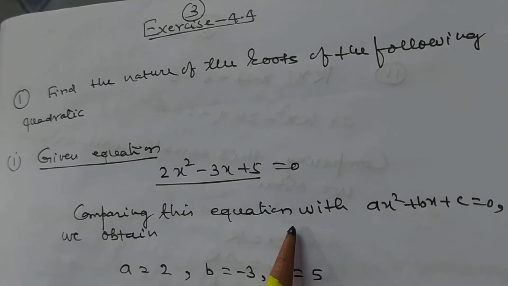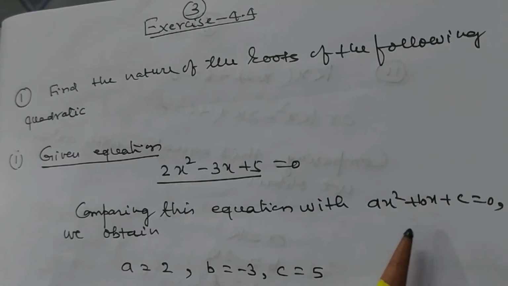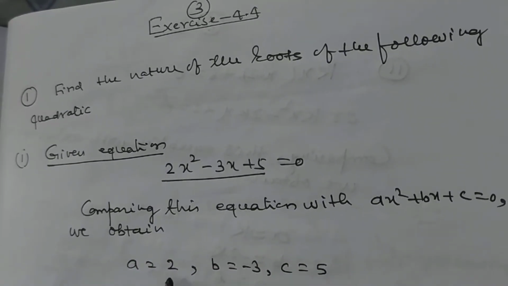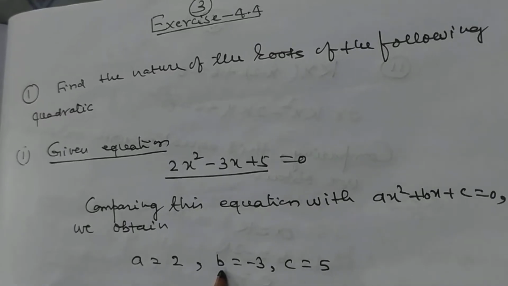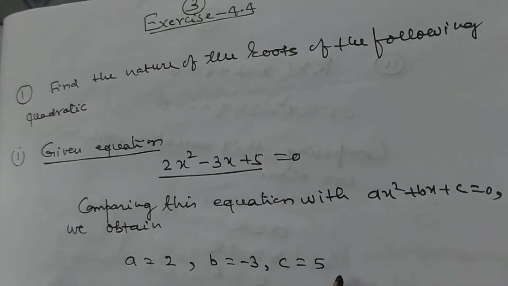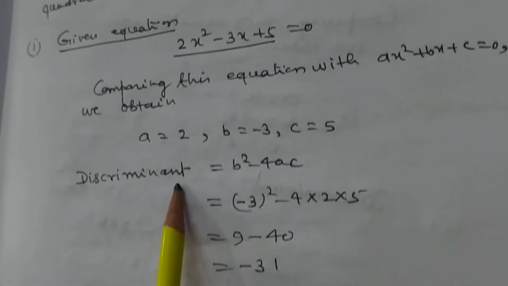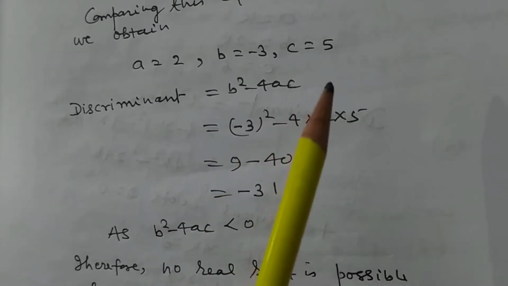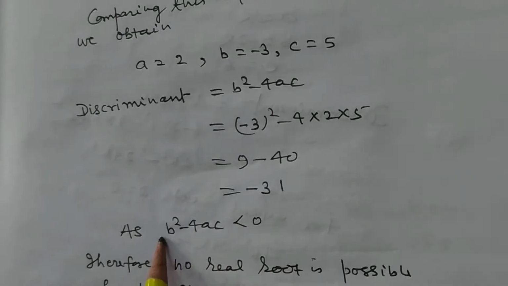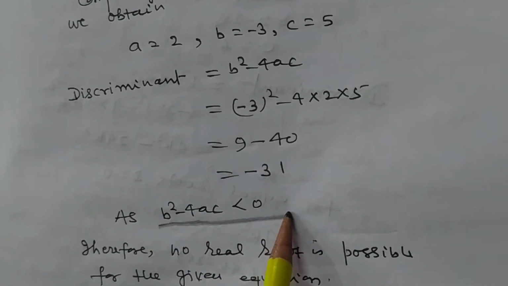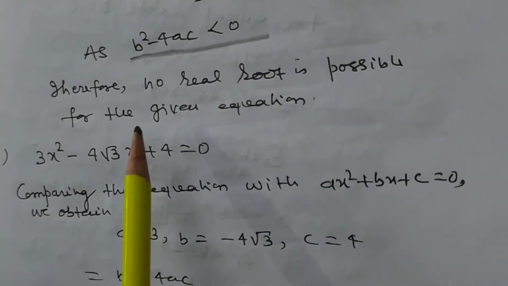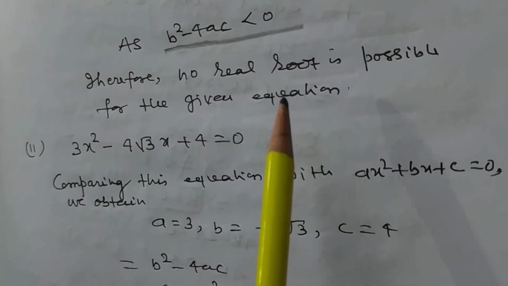Comparing this equation with ax square plus bx plus c is equal to 0, we obtain a is equal to 2, b is equal to minus 3, c is equal to 5, and discriminant is equal to b square minus 4ac. So here, after simplifying, we observe that the value of the discriminant is less than 0. Therefore, no real root is possible for the given equation.